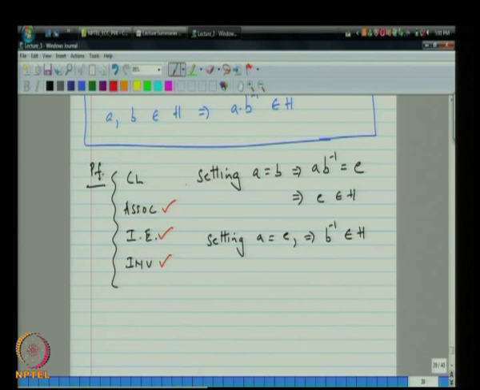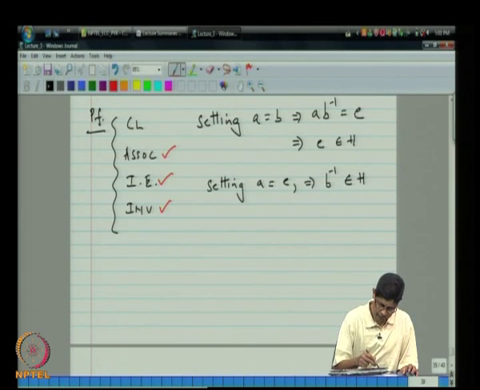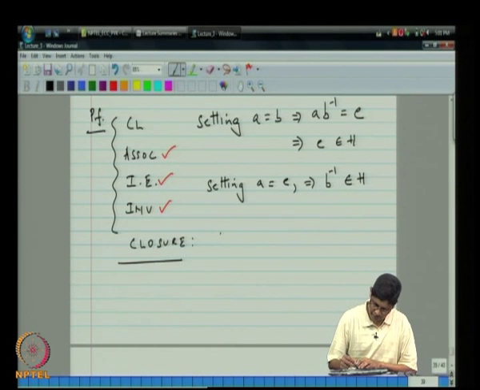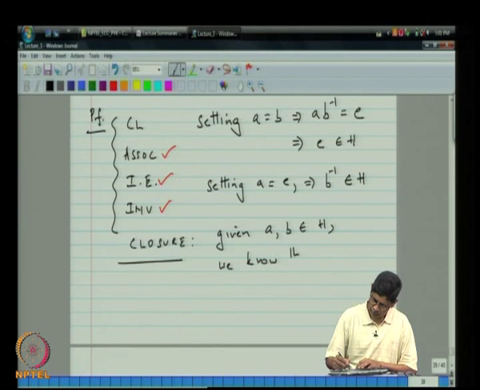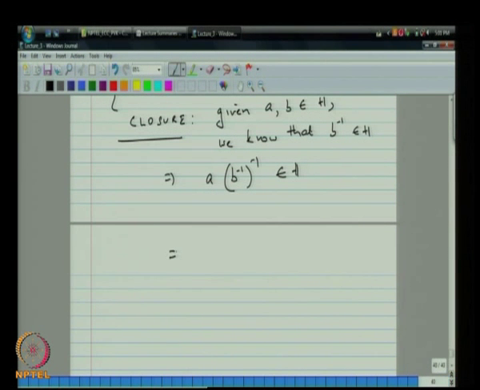So, now we come down to the question of closure. Closure means that given that A and B are in H, you have to show that A times B is in H. So, for closure, given A, B in H, we know that B inverse belongs to H, which implies that A times B inverse belongs to H, which of course implies that A times B belongs to H, and we are done.